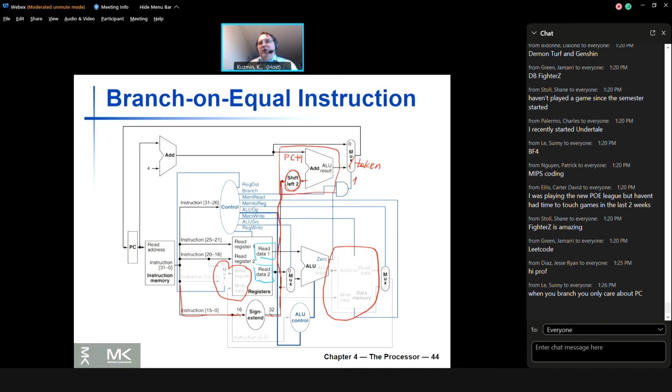You want to compare them, which means you have to subtract them, which is done by the ALU. So that's why you want this multiplexer to connect read data 2 to the second input of the ALU. So this is your ALU source, which in this case you want to be 0, so that it is connecting like that, all right?